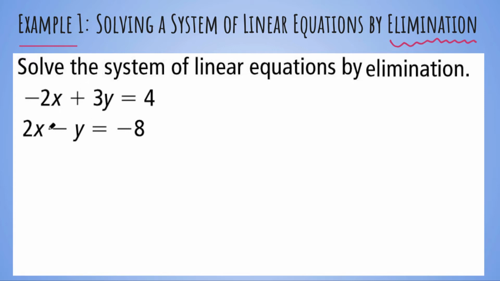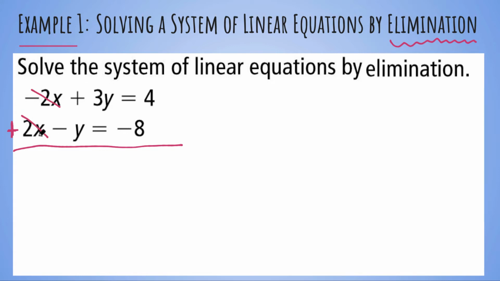This one's already been set up for us. So we're going to vertically add or subtract the two equations. In this case, we're going to add them together. And we can see that if you have negative 2x and we add positive 2x, the x terms cancel out.